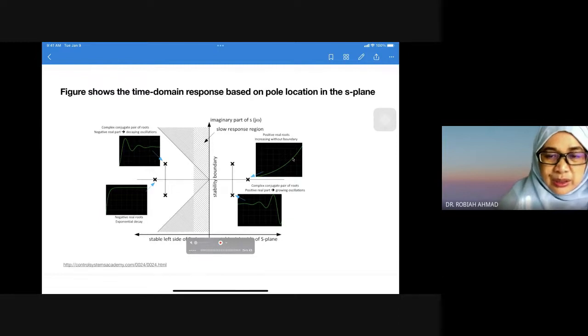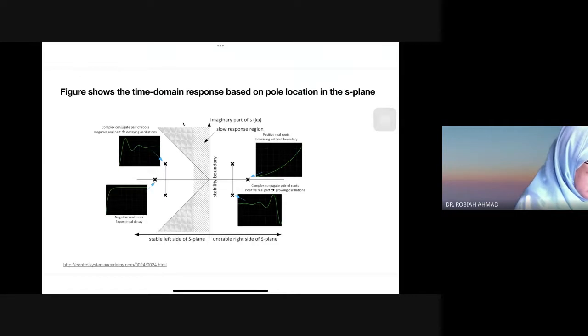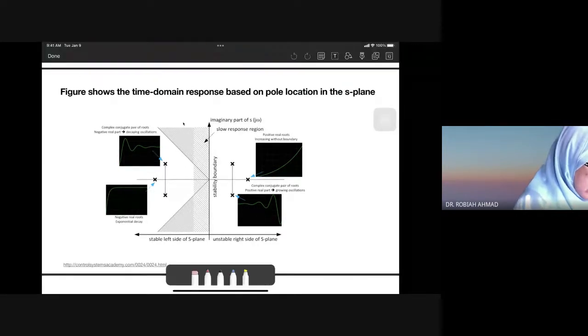The first one, quadrant number 1, is positive real roots increasing without boundary. We know that this is for an unstable system. So here, unstable is the right side of the S-plane, and stable is the left side of the S-plane.